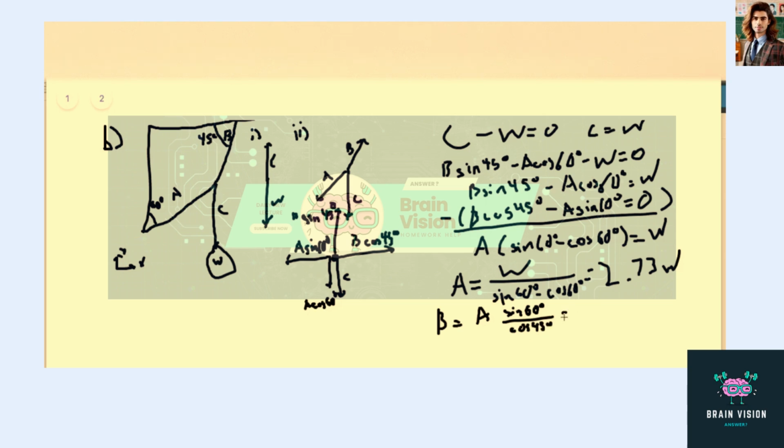And so this is going to increase the value of A so that B is a larger tension force and is equal to 3.35 W. So we have now once again solved for the tension in the three chords, kind of crossed out the answer there in this figure.